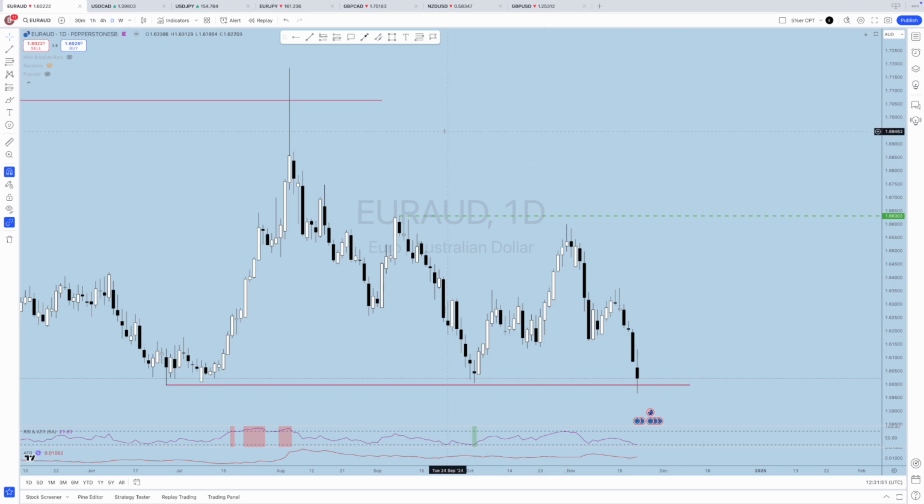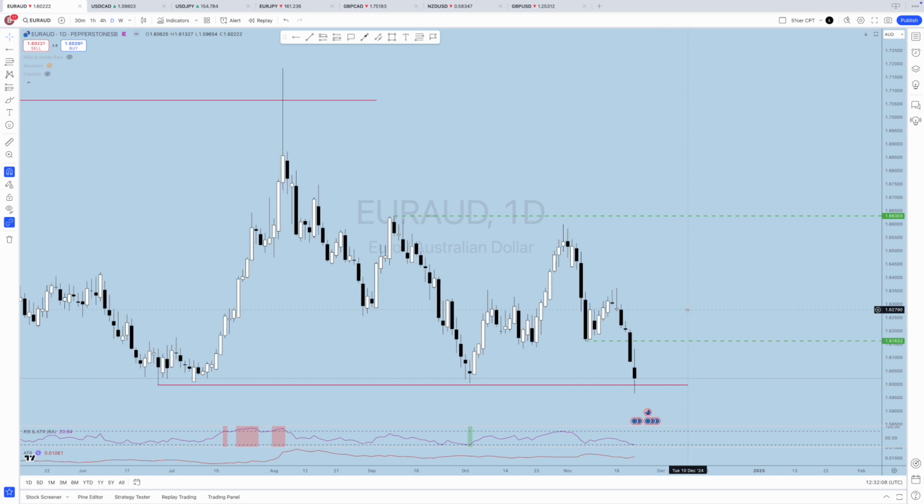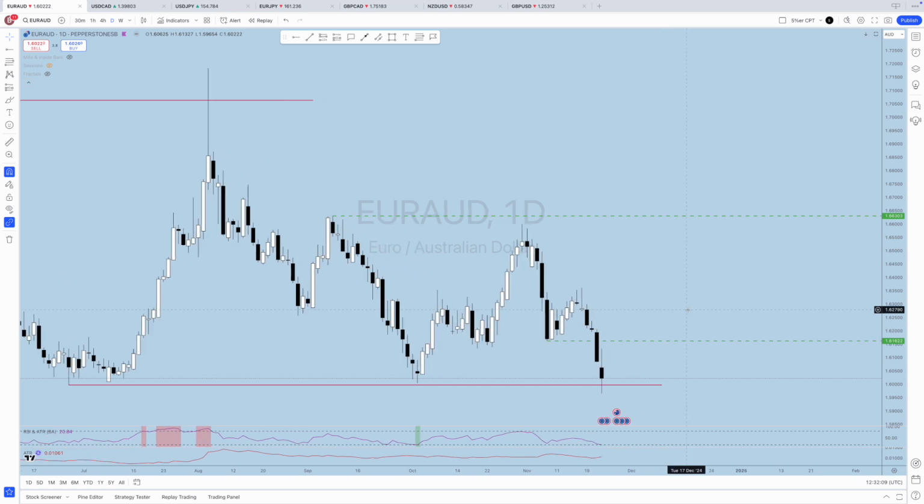So what I'm predicting now is, because this is a range, I'm predicting for the range to continue, so I would say the next move will be up to this most recent broken low. So this is my prediction.